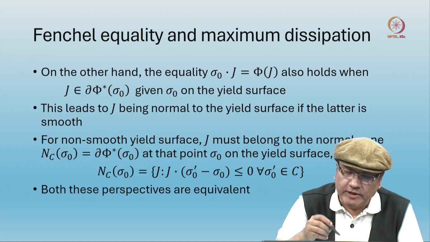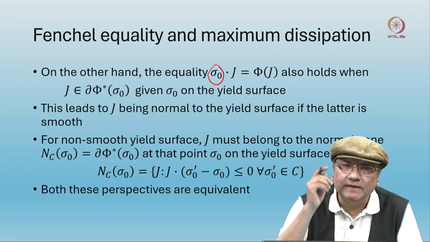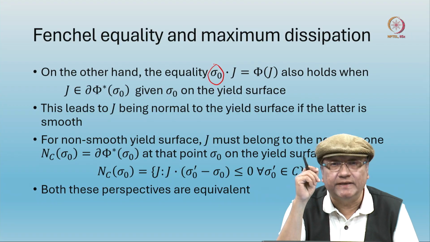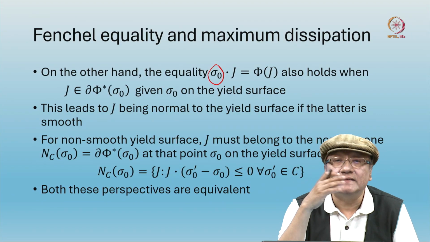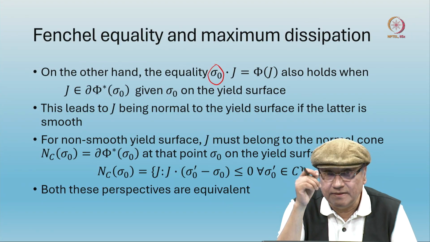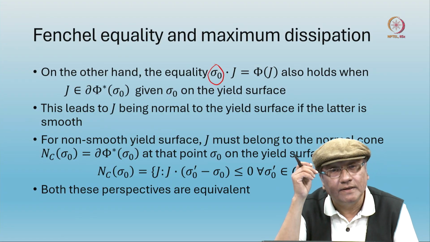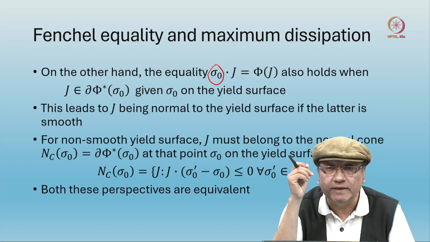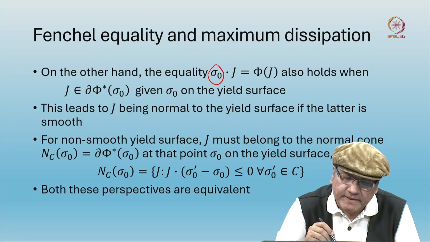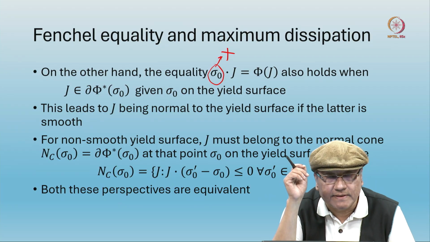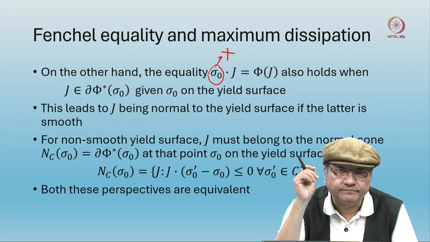For that thermodynamic force sigma 0, let us find J such that the work done, or the plastic power, sigma 0 inner product with J, is maximized. You remember that here sigma 0 is nothing but this x, the thermodynamic forces that we were talking about.